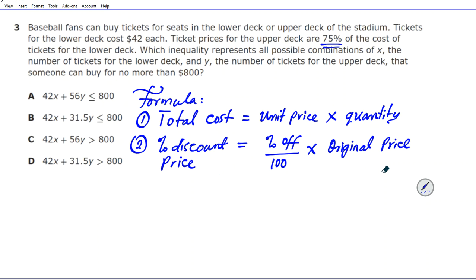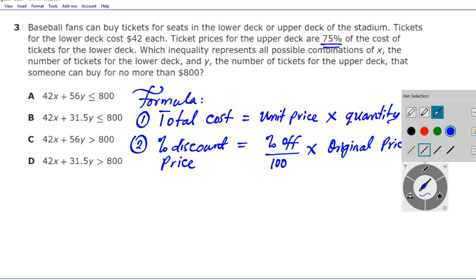All right, now we're going to start by determining what the percent discount price is. Basically, the unit price for the upper deck, because we needed to set up the cost for the upper deck tickets. All right, so let's go ahead and compute that first.